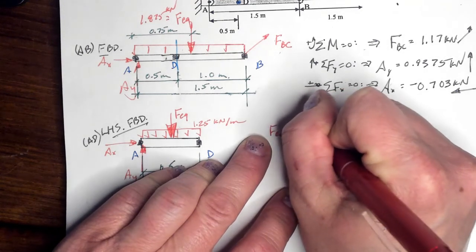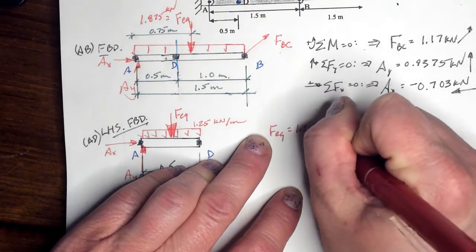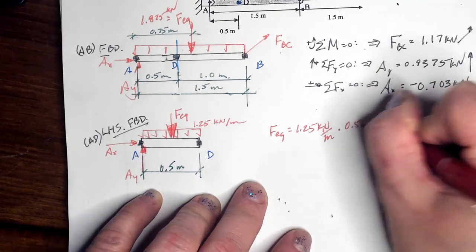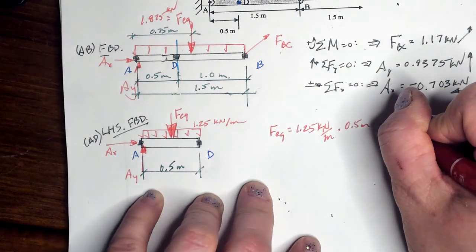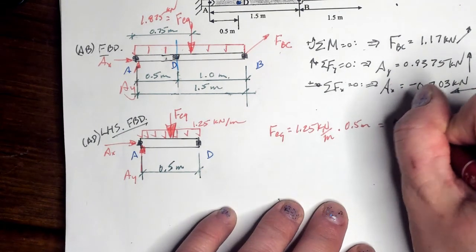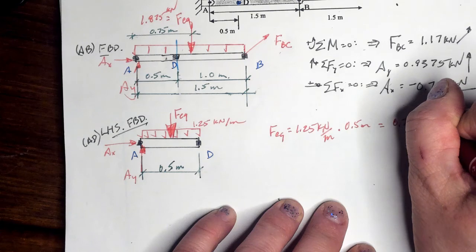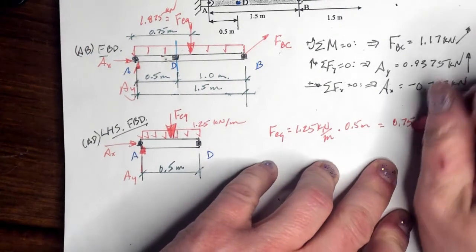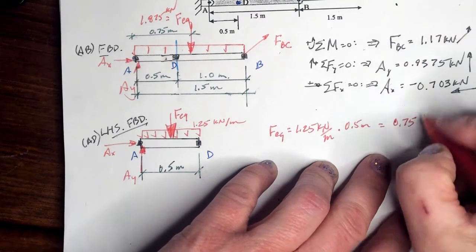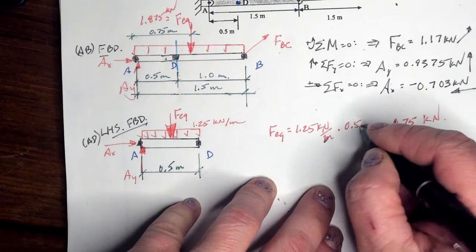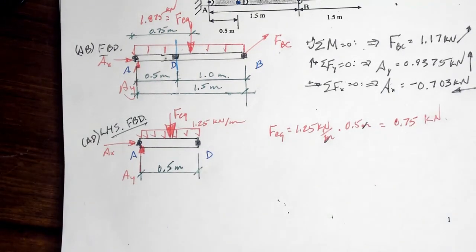The 1.25 kilonewtons per meter times a half a meter is going to be 0.75 kilonewtons. So we could cancel those out and check.